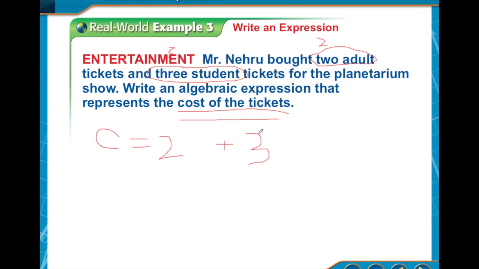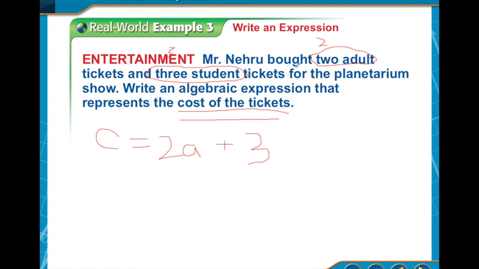Now, if you're thinking something's missing in this equation, you're exactly right. We have the numbers 2 and 3, but what do these numbers mean? We bought 2 of what? Bananas, oranges. What did we buy? Well, the 2 is adult tickets. So adult tickets we can represent with the letter A to make it easy. So 2 adult tickets plus we also bought 3 student tickets.